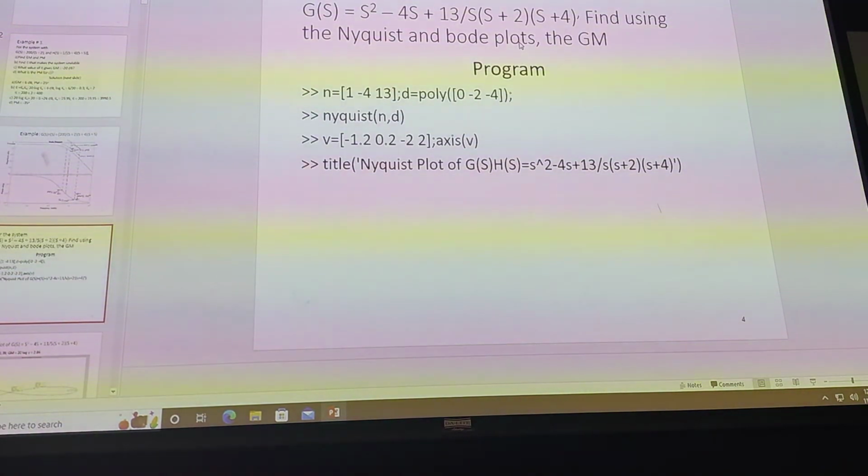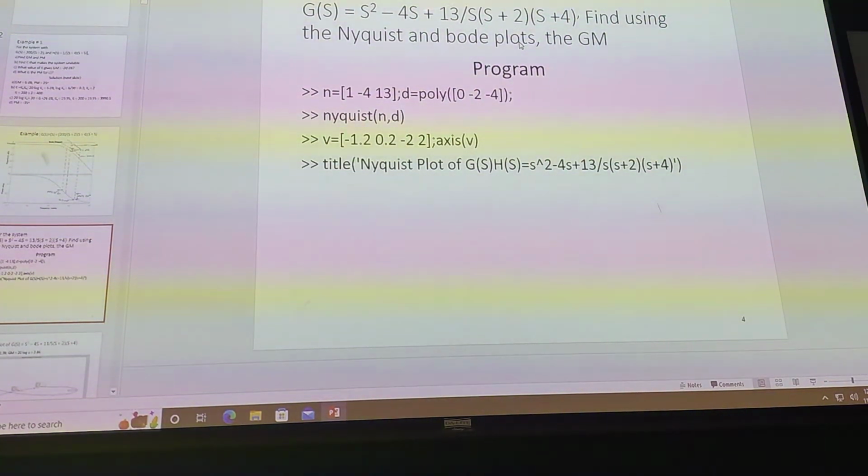So that means that I have the zeros on the right half of the plane. Of course, this doesn't affect Nyquist because Nyquist looks only at the poles, and all the poles here are either on the imaginary axis or on the negative part of the plane.